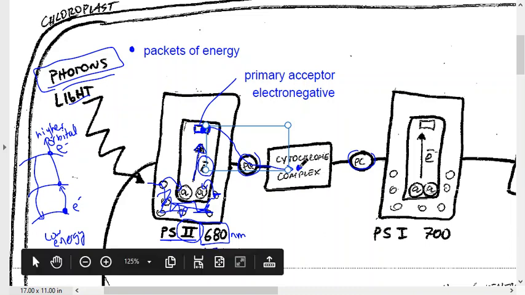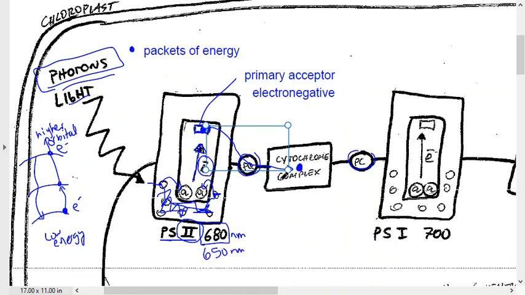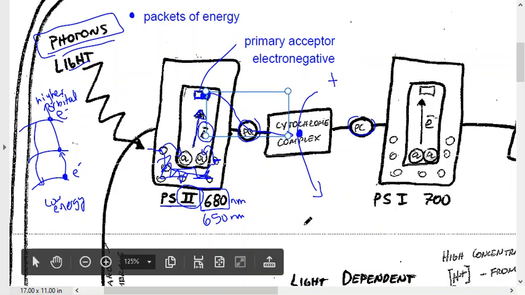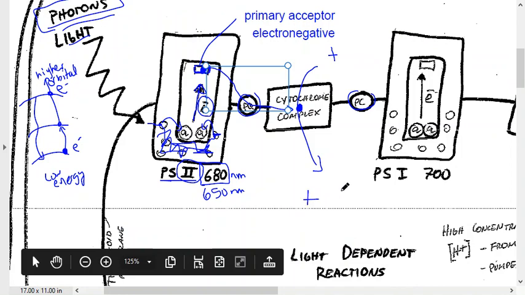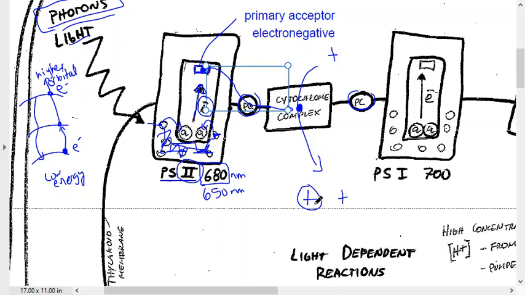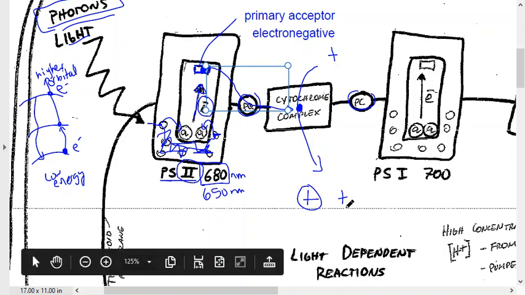So when this cytochrome complex, this protein complex, has a negative charge pass through it, there's a conformational shape change, and that's going to pump a proton from the stroma into the thylakoid space. I know I drew two, but one electron gets you one proton. So one proton into the thylakoid space. So every time this happens, you get an additional proton. So we're going to start to pump protons into this thylakoid space.